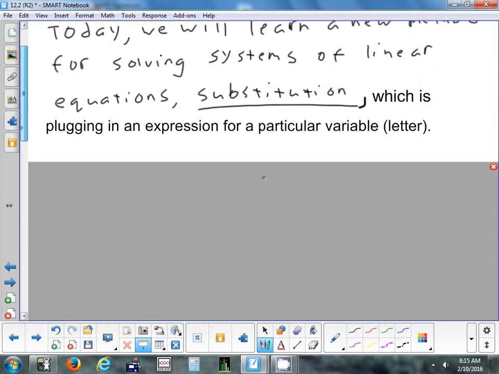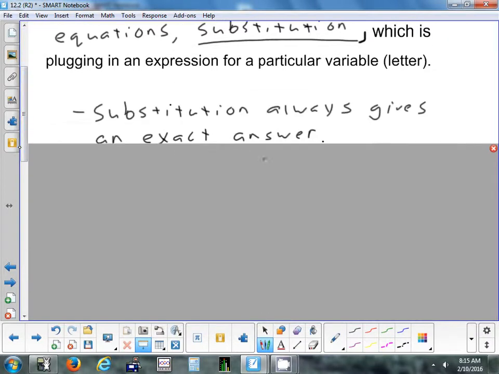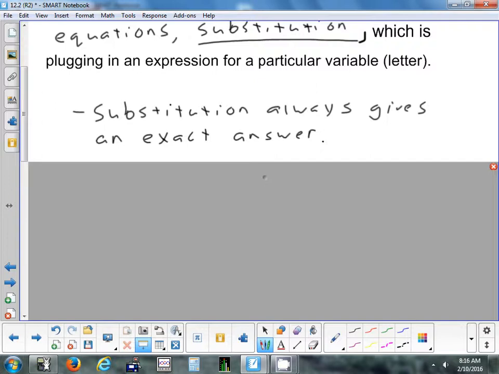Then it says which is, you're going to write I'm plugging an expression for a particular value. What's nice about substitution is you always get the exact answer. Whether you have a decimal to work with or nice numbers, it doesn't matter. We can use a calculator and we will always get the exact answer. So that's a big advantage over graphing.